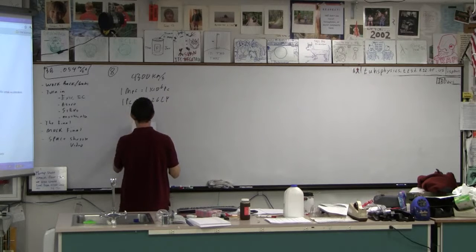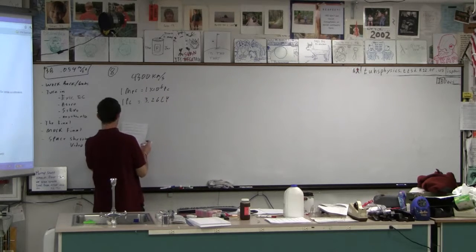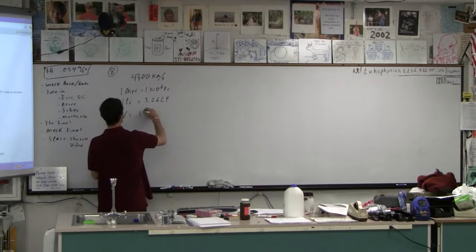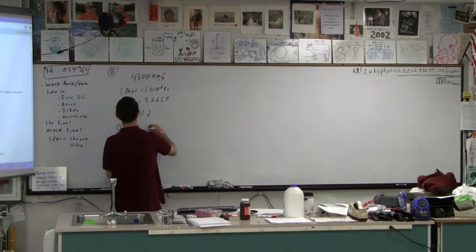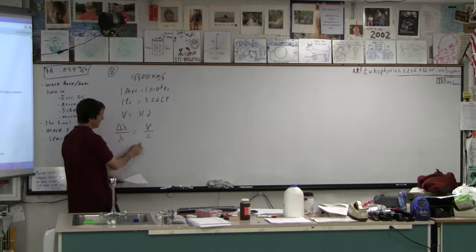That's key, right? We also know that there's Hubble's law, which is V is HD. We also know that when the wavelength changes, the change in wavelength over wavelength equals the velocity divided by the speed of light, only if this is much less than this, right?